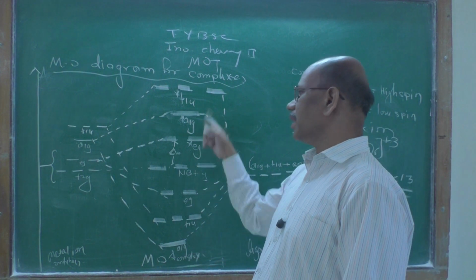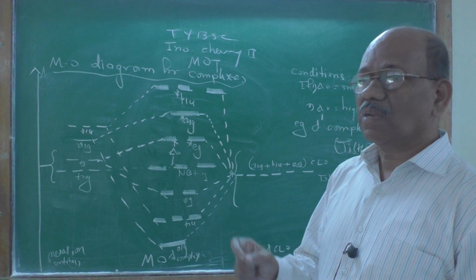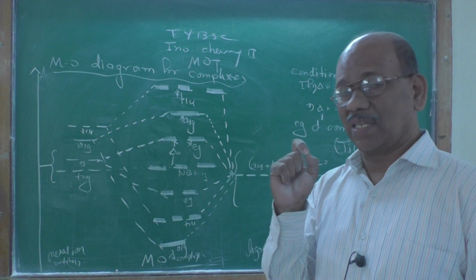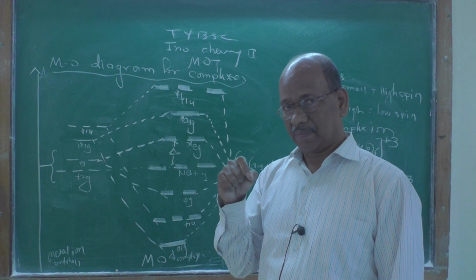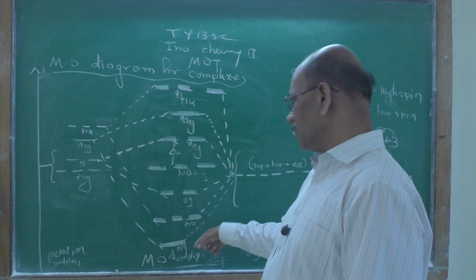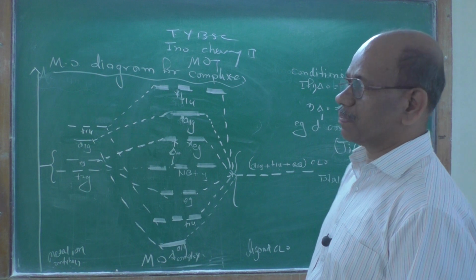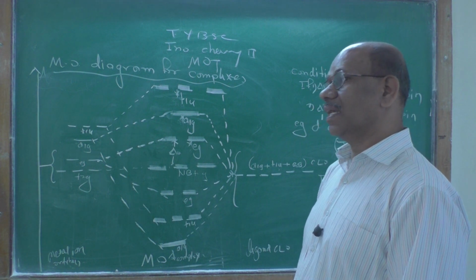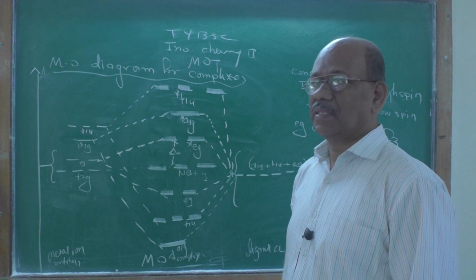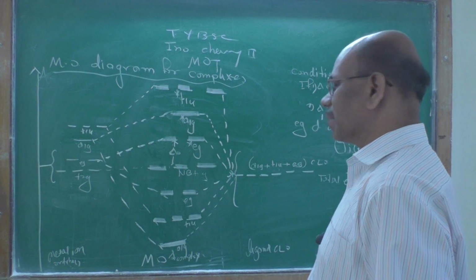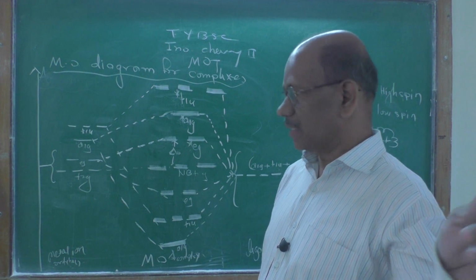The total number of electrons is decided by the number of electrons of the metal ion in the valence shell plus the total number of electrons of the ligands. These are filled in these orbitals as usual by the Aufbau principle, electrons entering in increasing energy. It also obeys Hund's rule; if degenerate orbitals are there, we have to follow Hund's rule and Pauli's exclusion principle.